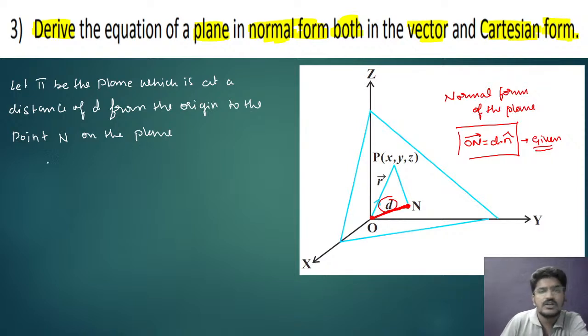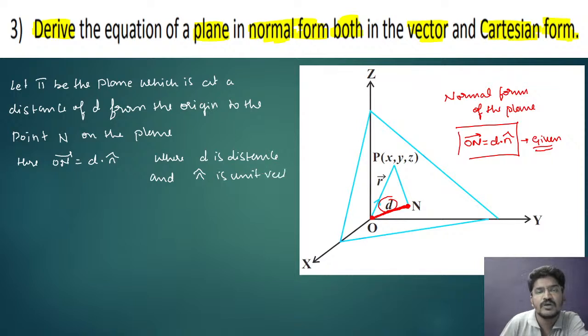Clear? So now here vector ON will be equal to d dot n cap, where d is the distance and n cap is the unit vector.